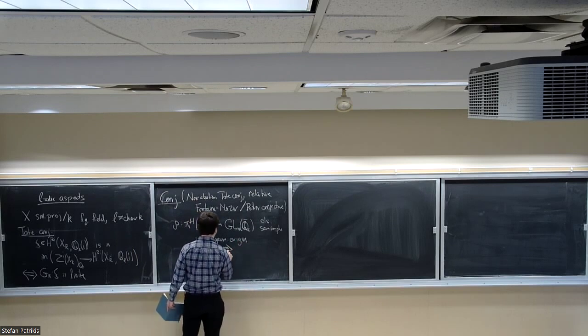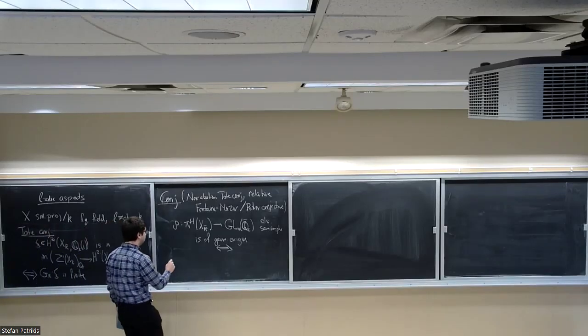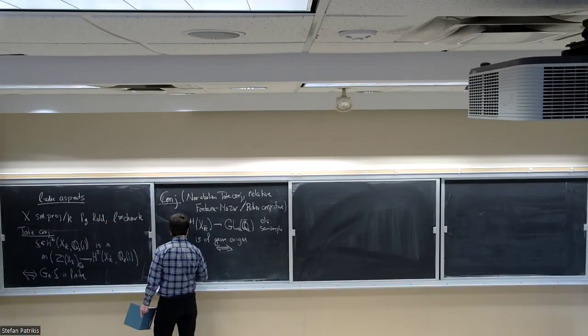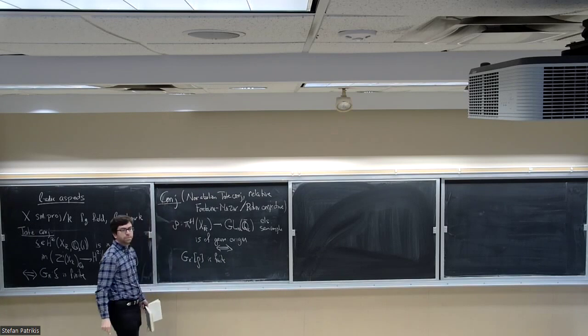Okay, maybe now we believe that this is kind of the nonabelian analog of being a cycle class, if and only if the Galois orbit of the conjugacy class of rho is finite. So the exact same condition.